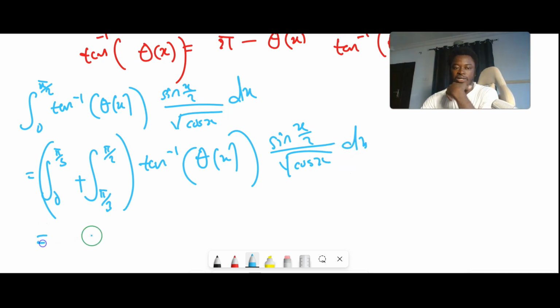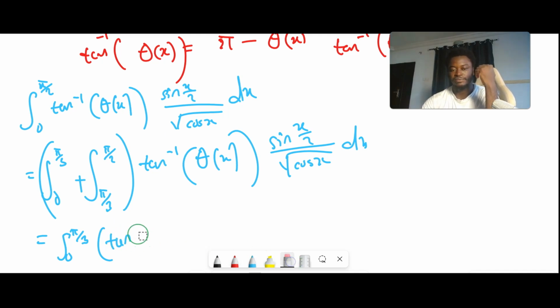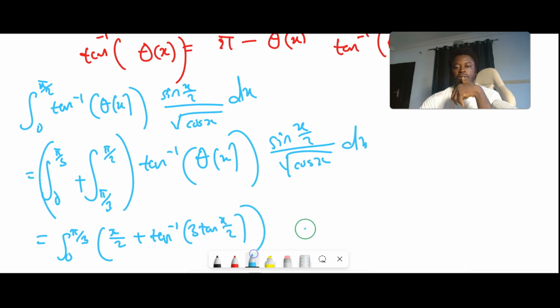Now we're going to separate the integral into 2 parts. So the first part, you would have 0 to pi over 3 of x over 2 plus tan inverse of 3 tan of x over 2. Then you will have sine of x over 2 all divided by square root of cosine of x dx.